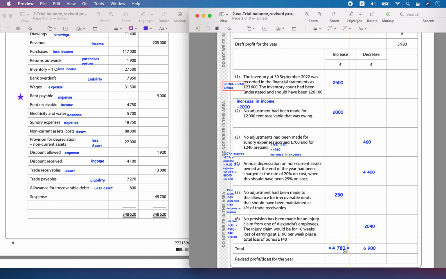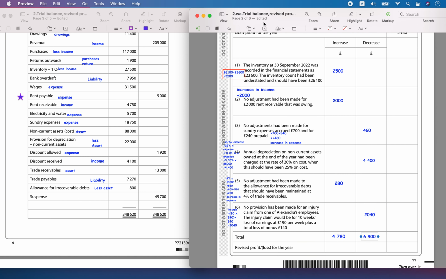So there is an increase in profit by 6,900 and a decrease by 4,780. So 5,980 plus 6,900 minus 4,780 is equal to 3,860 pounds.